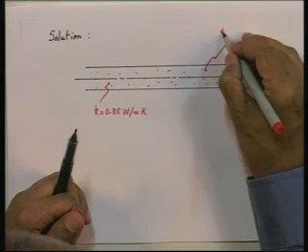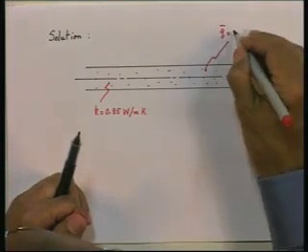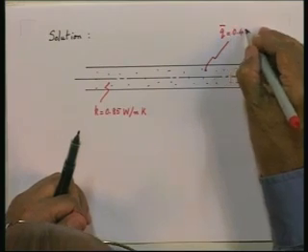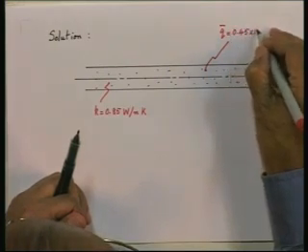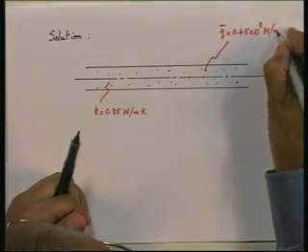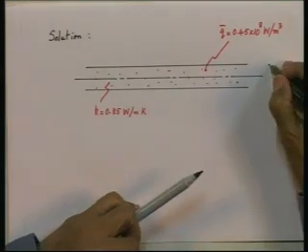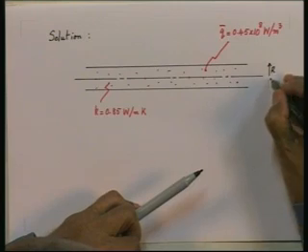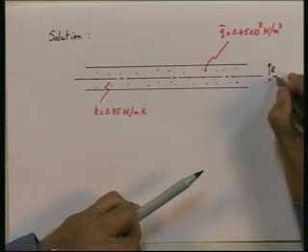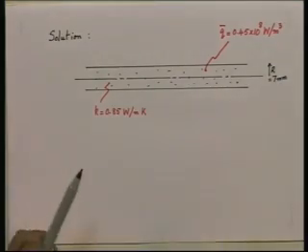Q bar is equal to 0.45 multiplied by 10 to the power of 8 watts per meter cubed. All right. We are given that the radius of the rod R is equal to 7 millimeters. That is the radius of the rod.